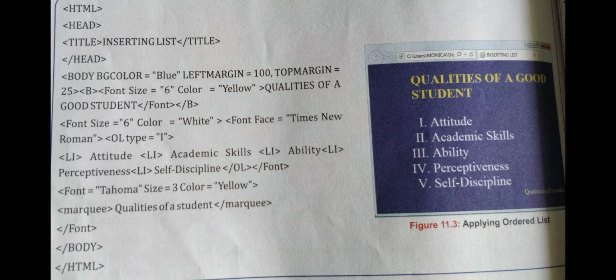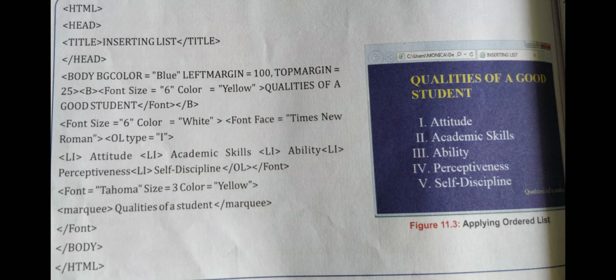And then after that you have to open OL. For this it's going to be numbers, or if you want it to be capital ABC, or small abc, or Roman numbers, or the normal 1 2 3 numbers that we write, anything can work, you guys.